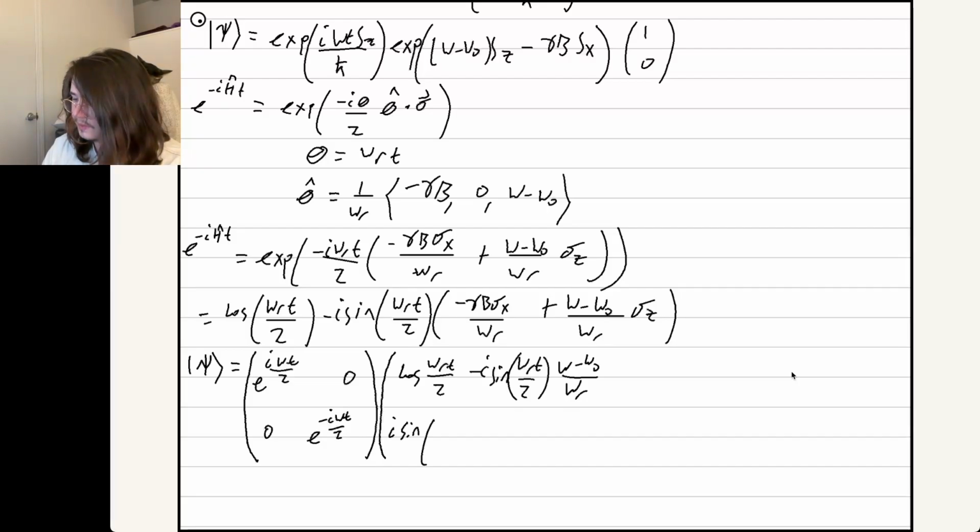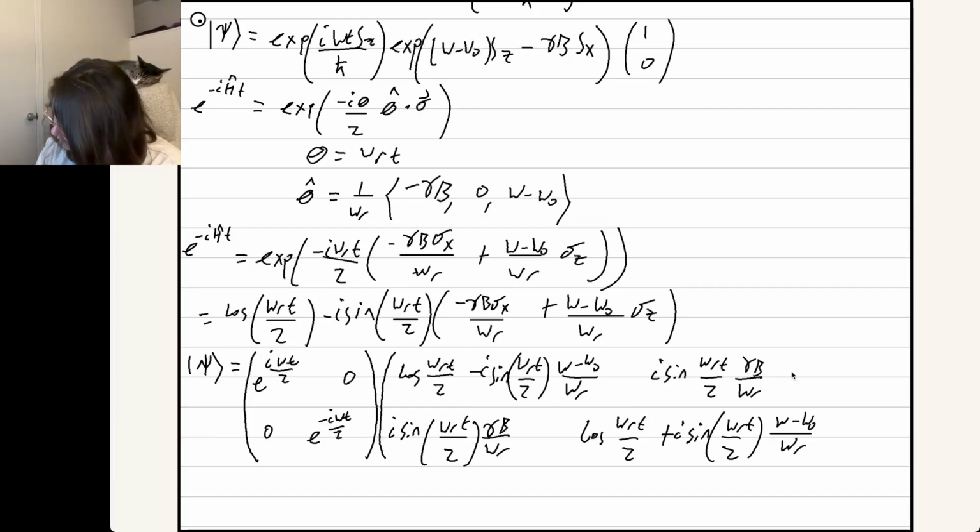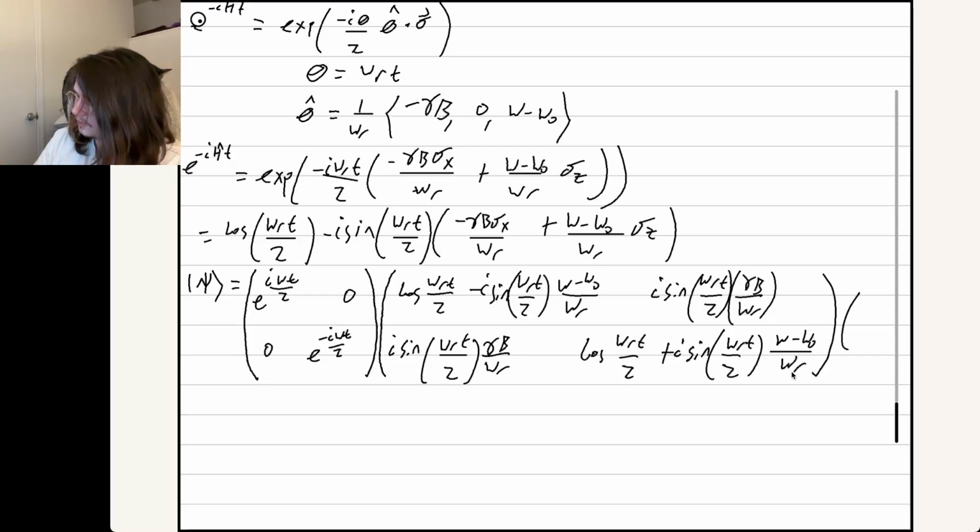We have an off-diagonal term because it's multiplying sigma x, so we have sine omega r t over 2 gamma B over omega r. Our other diagonal term will be cosine omega r t over 2 plus I sine omega r t over 2. It just flips the sign on the I as per usual. And this off-diagonal is multiplied by sigma x, so it's the same as the other off-diagonal. And that is, of course, multiplying the initial state vector of 1, 0.